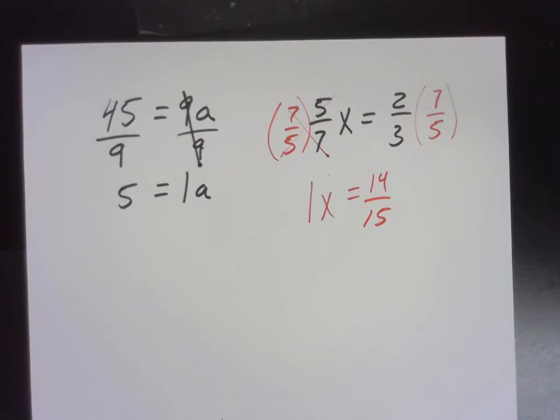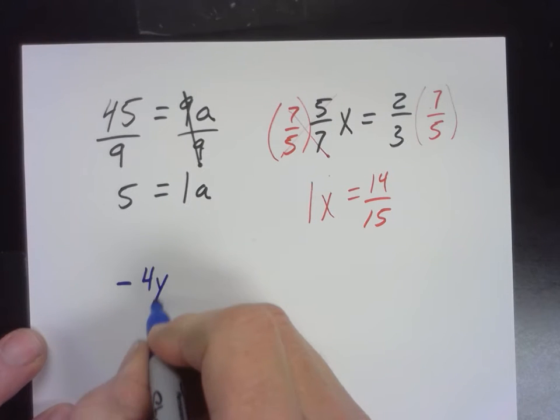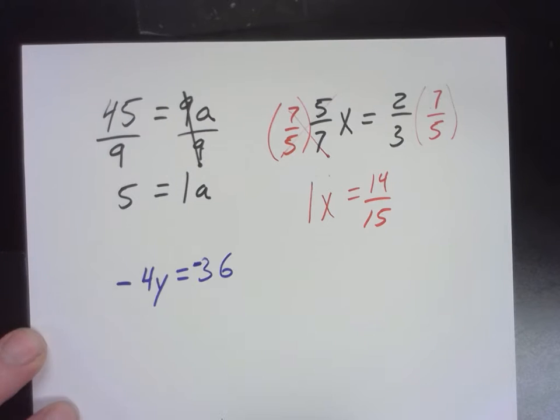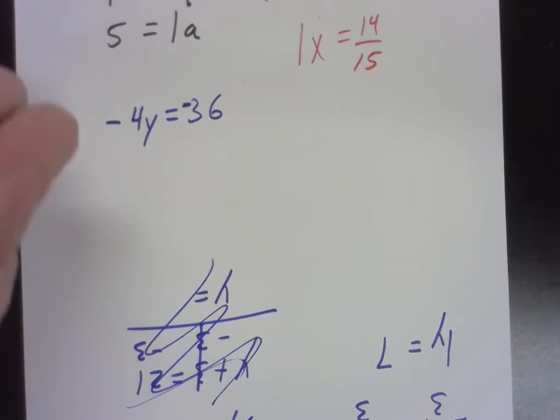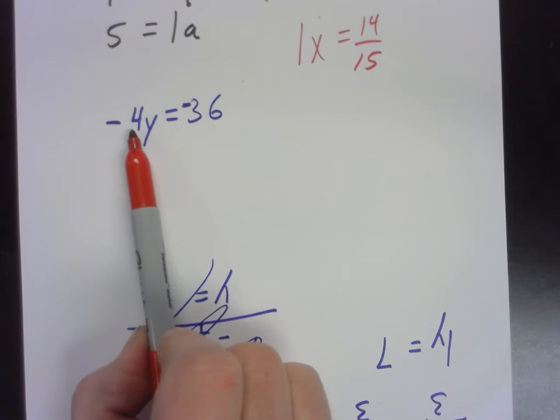Okay. Now, what if the coefficient is negative? Negative 4y equals 36, or even negative 36. Yeah, you divide by the negative. See, what do we want the coefficient of y to be? +1. Right, everybody?